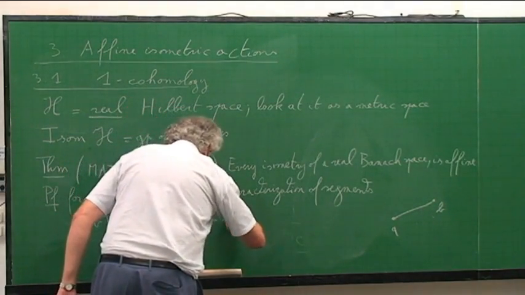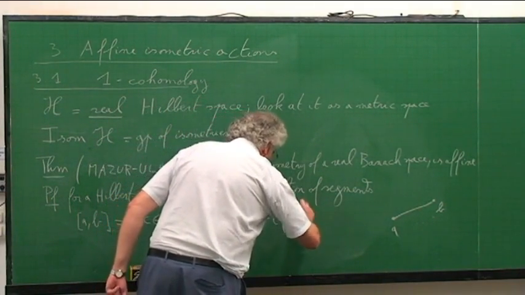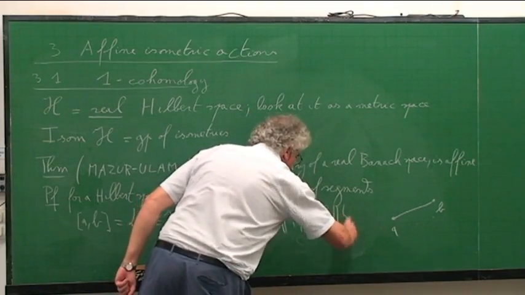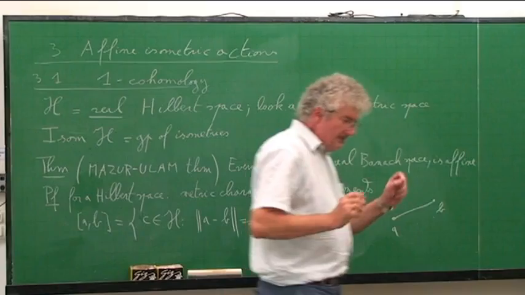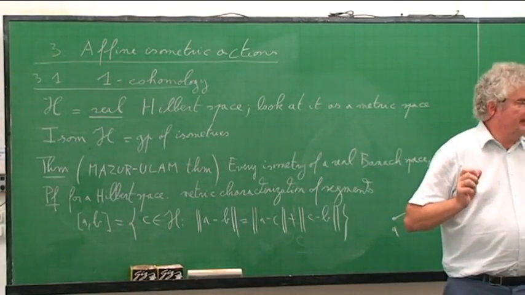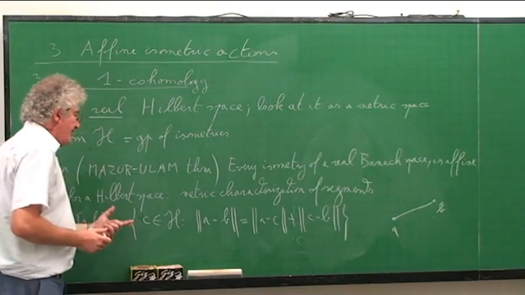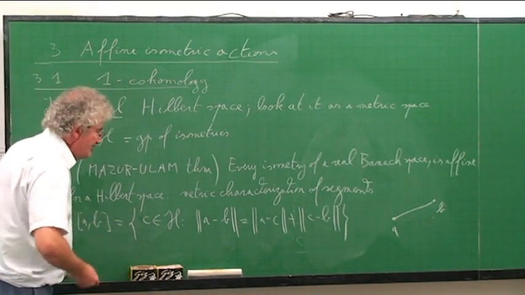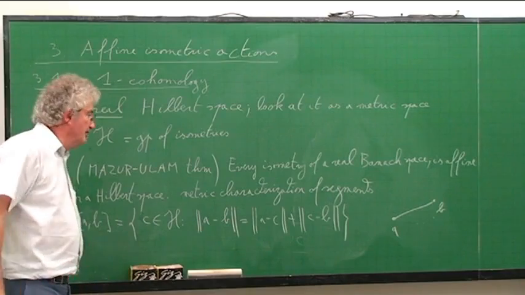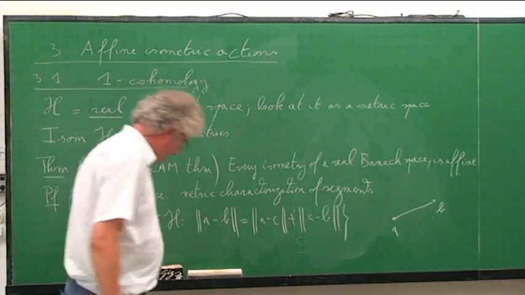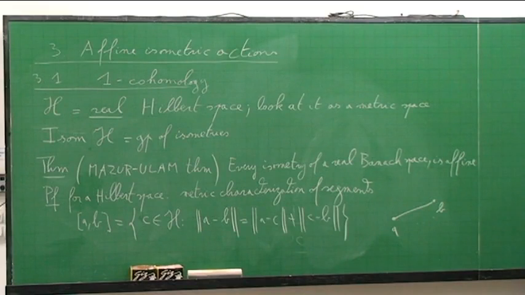So the distance from A to B is equal to the distance from A to C plus the distance from C to B. That would not be true in a Banach space like L1 or L infinity. But in L2 it's true. And since you have a metric characterization of segments, this means that every isometry must map segments to segments, and therefore it must be affine, by a result due to Darboux.